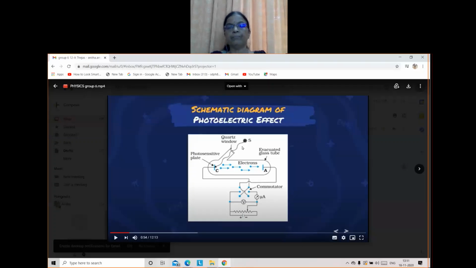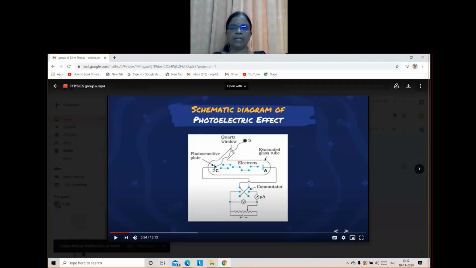So, from this light source, light falls on this plate. When light falls, it means photons are incident. What is the energy of a photon? h nu, or hc by lambda. That photon is incident on this metal surface. What happens? It gets the minimum energy to eject an electron from that surface, so electrons are ejected. What is the work function?